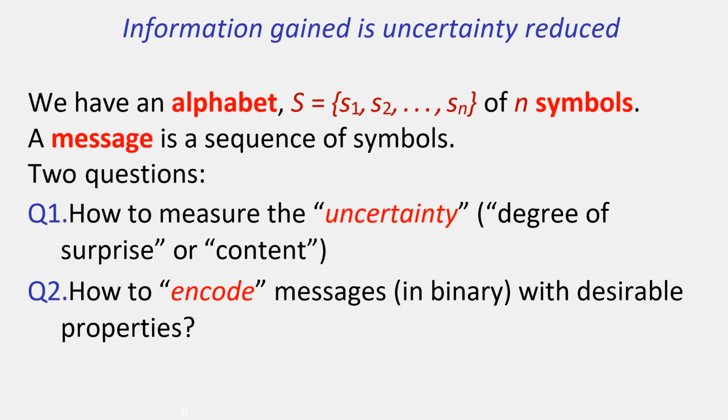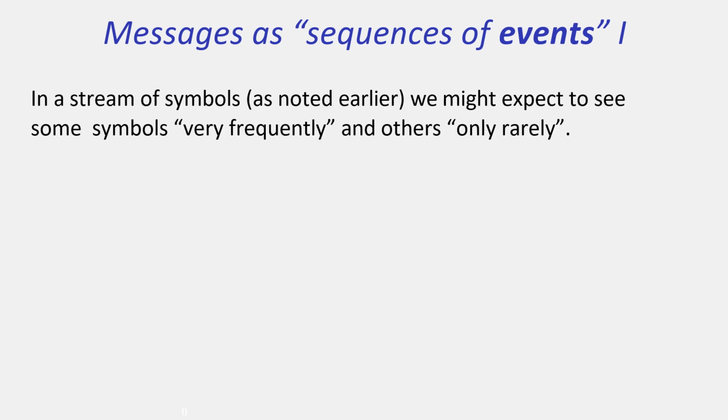So, for example, that a message can be compressed as much as possible. Messages are sequences of events, and there are some consequences of that. In an arbitrary stream of symbols, some we will expect to see very frequently, others will be quite rare.